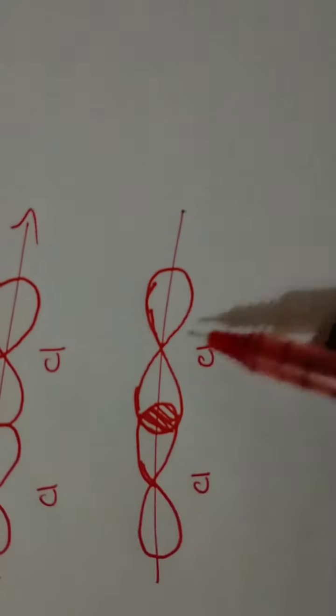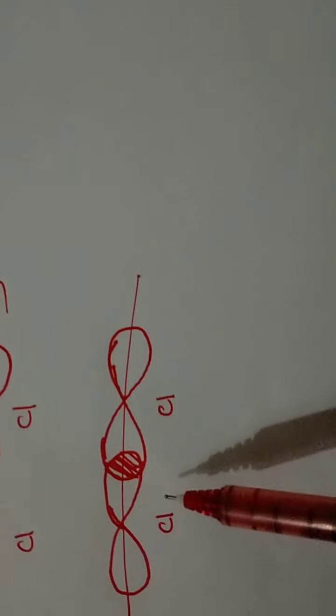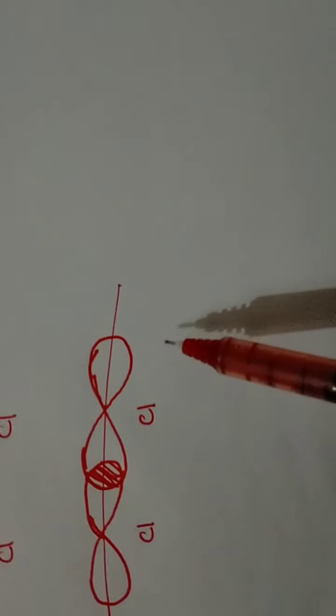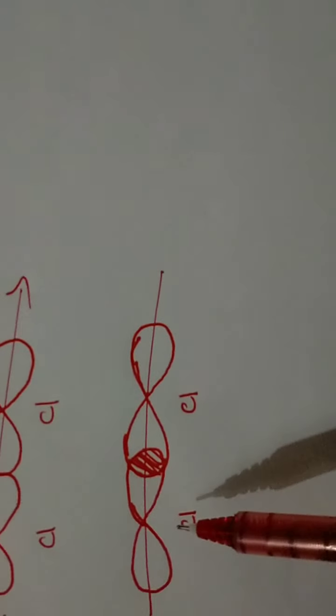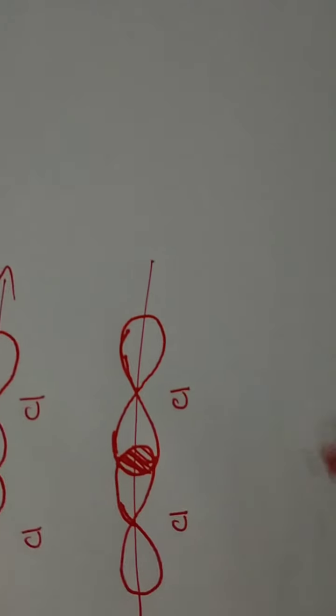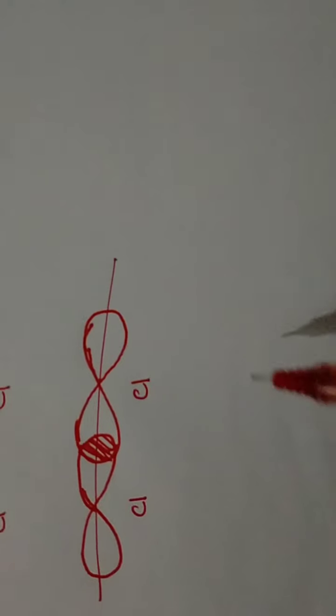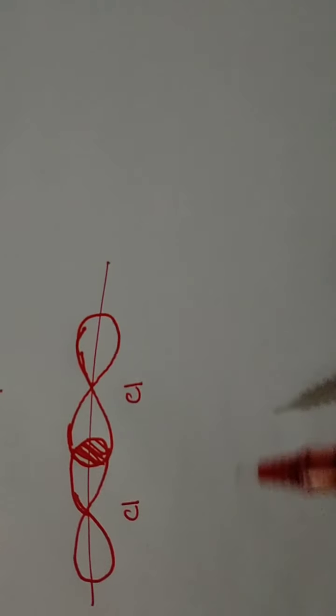So we learned this. The distance between one atom and another atom, or the internuclear distance, we calculated by the covalent radius method for the same atom, chlorine. Now we are going to calculate the internuclear distance between two different atoms.